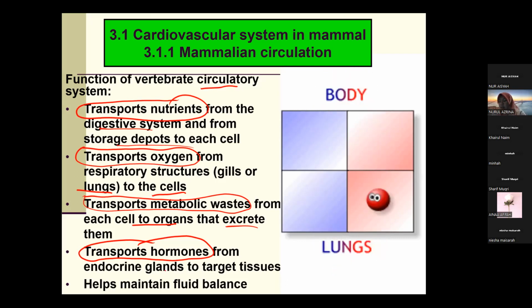And next one is to maintain body fluid, untuk mengekalkan keseimbangan benda dalam darah, ataupun dalam kita punya circulatory system. Contohnya what we have in our lymphatic system. Lymphatic system kita is very helpful in maintaining body fluid balance. This is what we are going to explain later lah. So these are all the functions of vertebrate circulatory system.